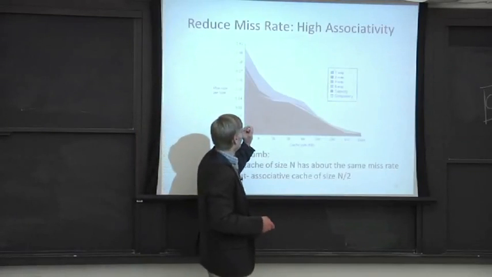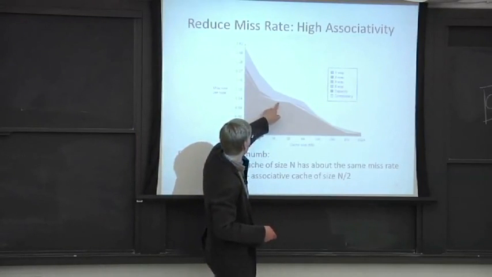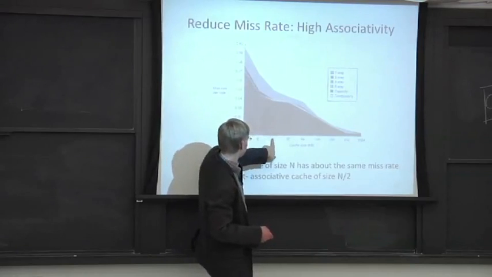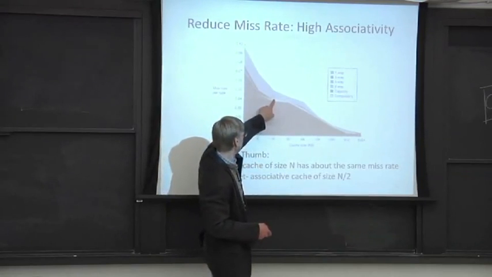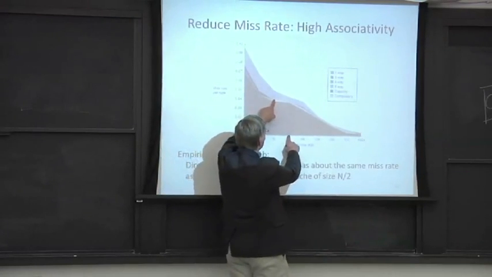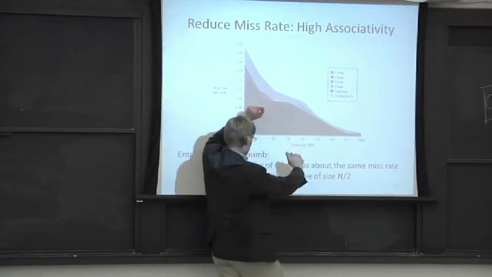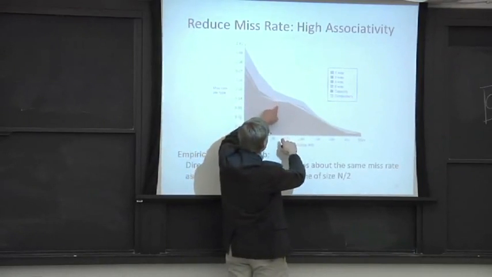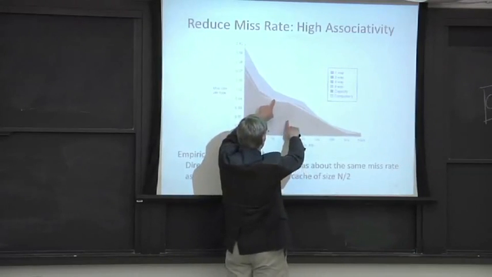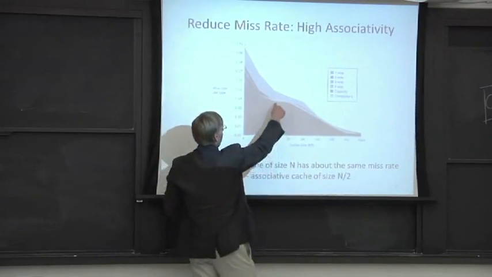So we're going to look at a point. Let's look at a 16 kilobyte cache that is two-way set associative versus a 32 kilobyte cache that is direct mapped.